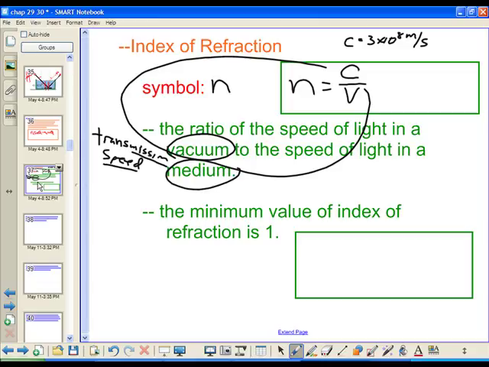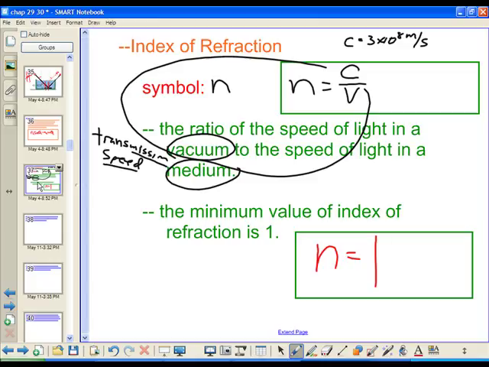But a lot of times it's not expressed that way. The best you can do would be the index of refraction of vacuum, which would be c divided by c, which would be what? 1. N equals 1 is the lowest value.